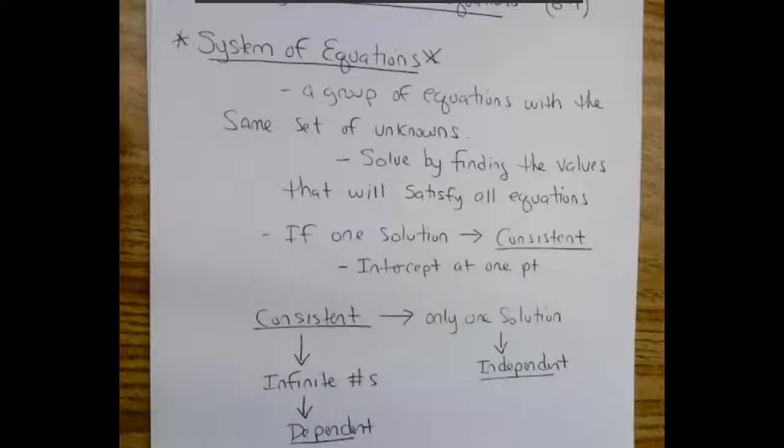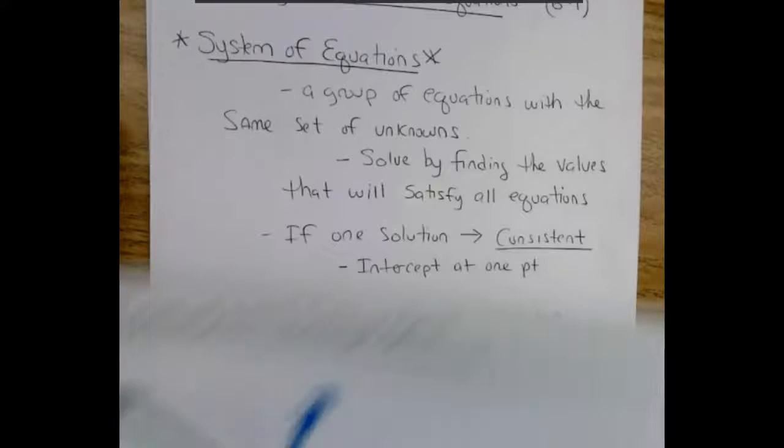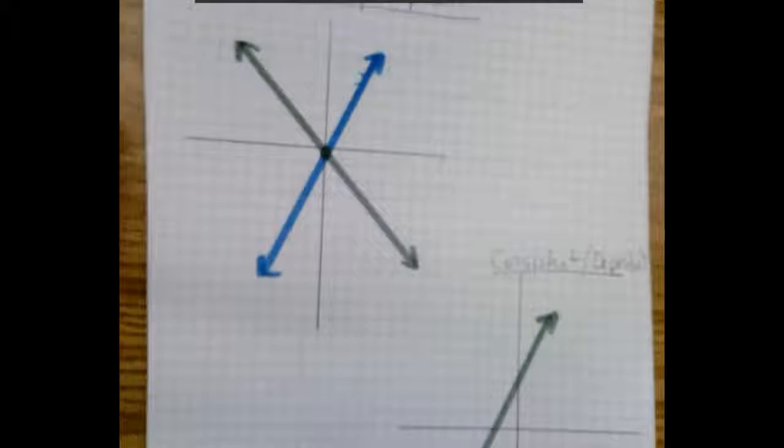There's also some vocabulary to keep in mind with systems of equations, and one of them is something called consistent. If you have a system of equations that has one intercept, we call that consistent, where it has just one solution. If we were to graph them, it would look like this top one.